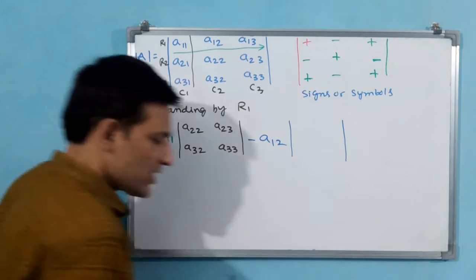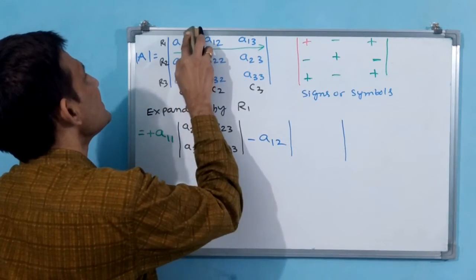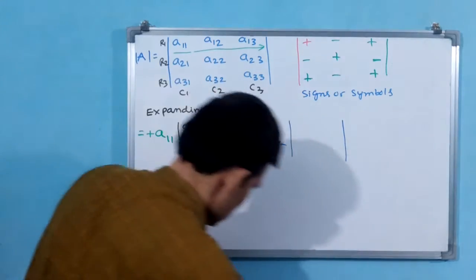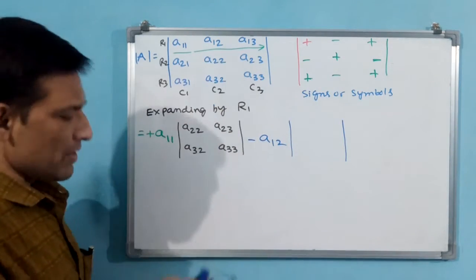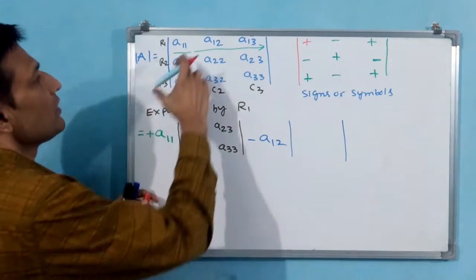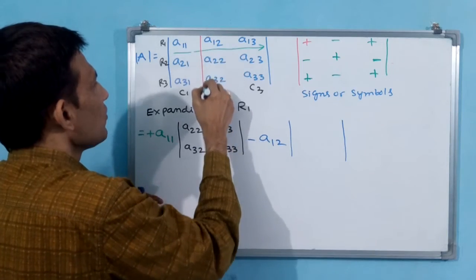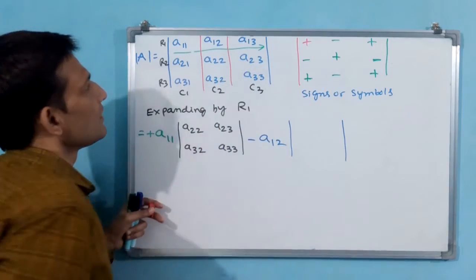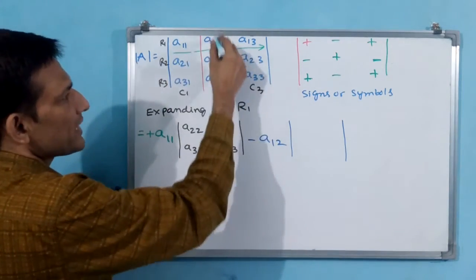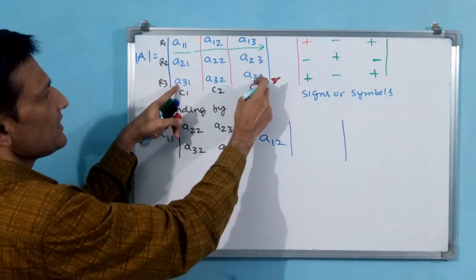See, now we are in A12. This I am going to remove. A12 means you have to close, see, this is first row, second column. That means second column you have to close. First row you have closed, second column you have closed. What is left? A21, A23, A31, A33 are left. That's all. Why?